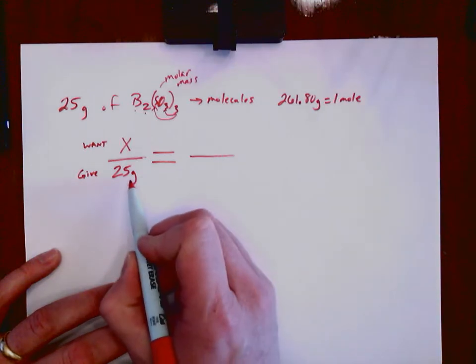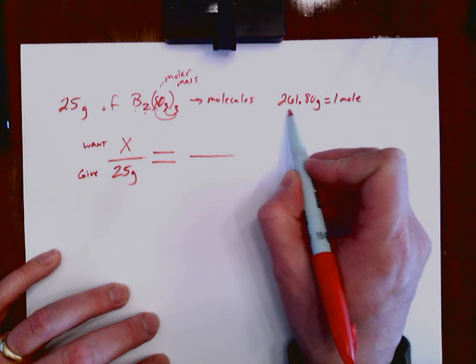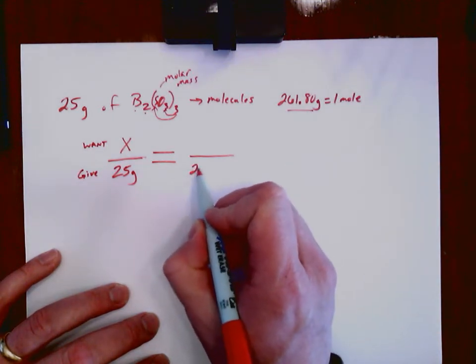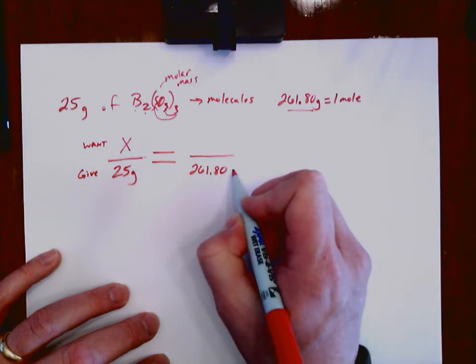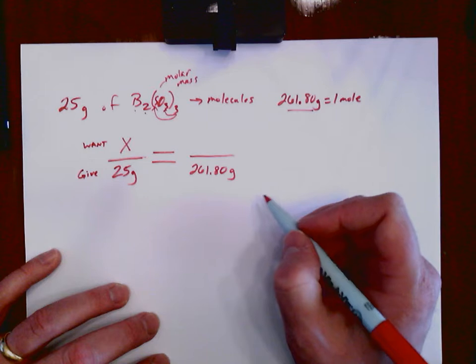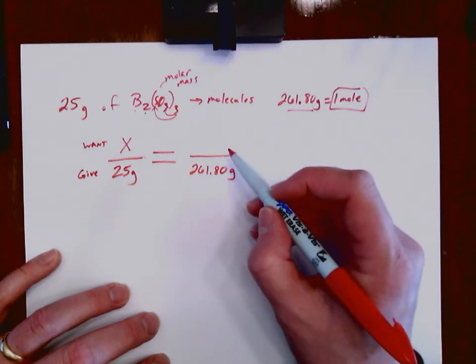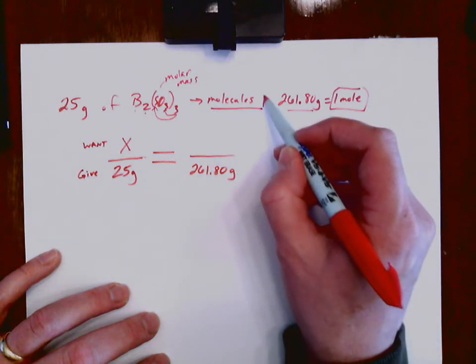Now I'm going to put that into my proportion. I need to make sure the units line up. If I have grams on the bottom, this grams here is also on the bottom on the other side: 261.80 grams. However, I do not want moles on the top, because the question is asking for molecules, or number of particles.